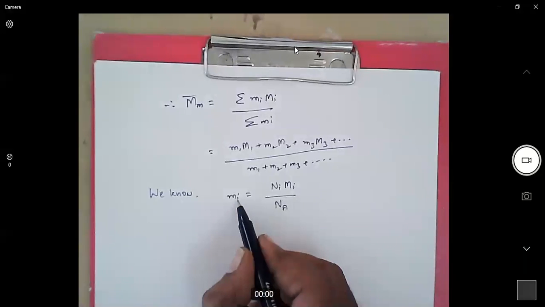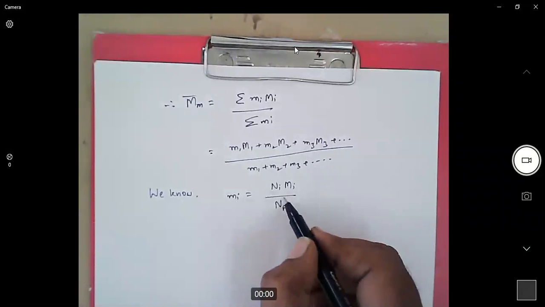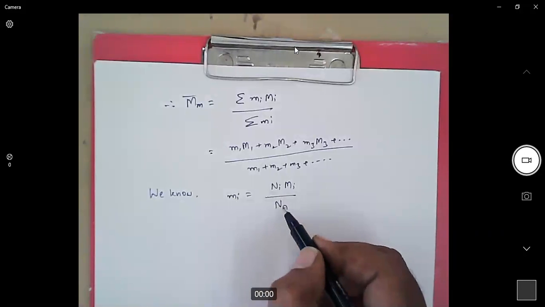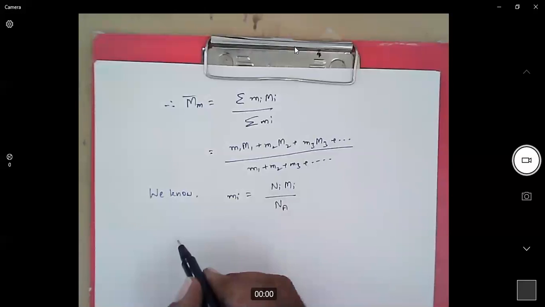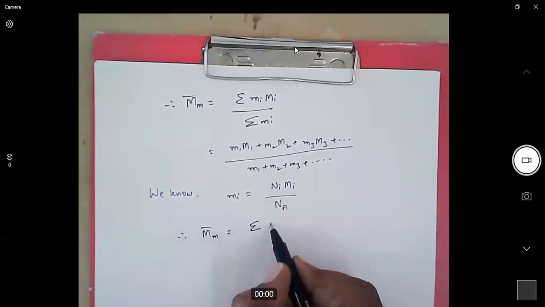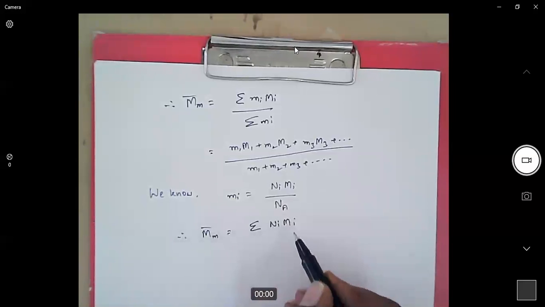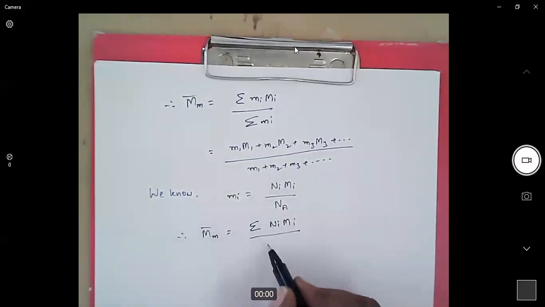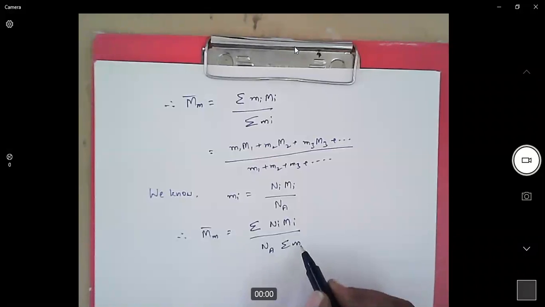If it is a mass fraction, then we will divide it by the total number of monomers. Therefore, M_m bar can be written as sigma Ni Mi by N_A, or N total, sigma Mi.